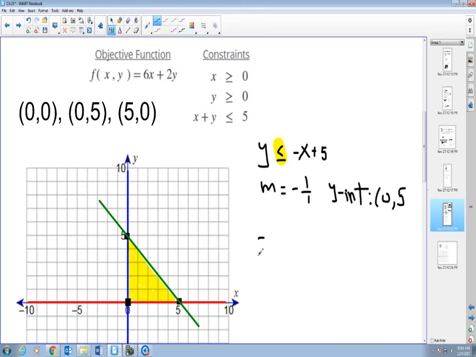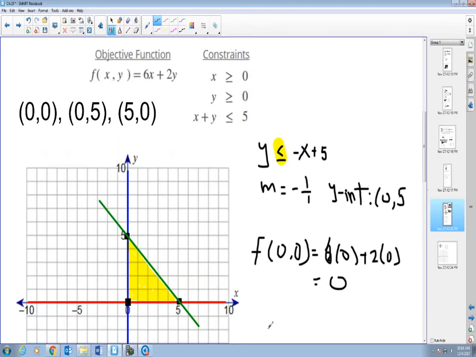So if I substitute 0, 0, that will be 2 times 0 plus 6 times 0 plus 2 times 0. So my answer will be 0.